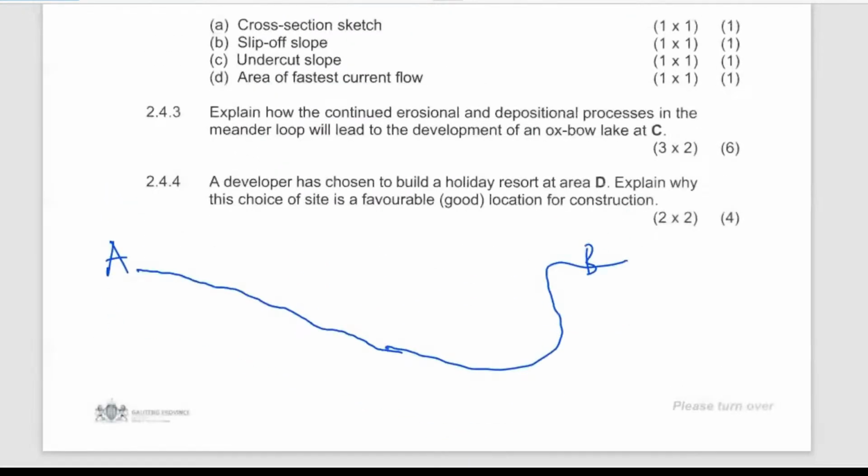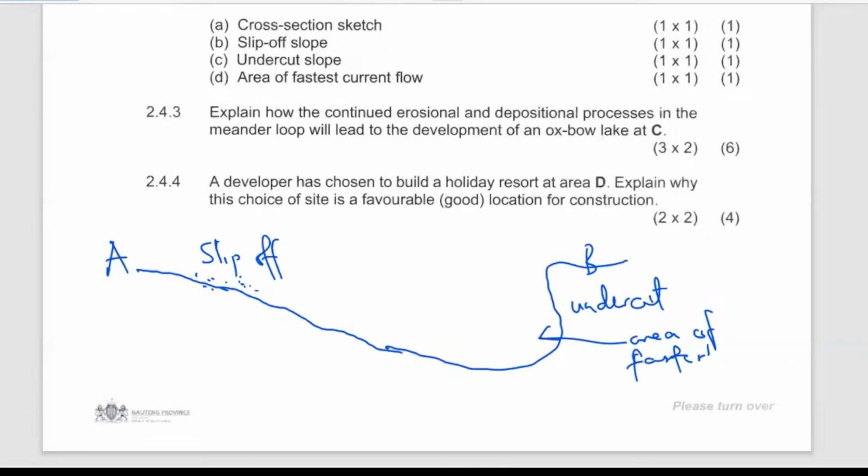Our slip-off is this side, where deposition happens. There's deposited material here. And our undercut slope, we find it on this side where there's erosion. And this is the area of fastest current flow.